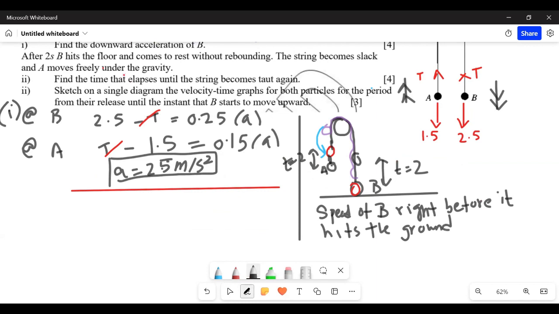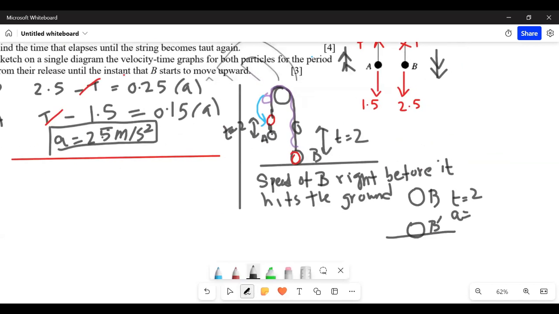Okay. So let's take a look at the motion. This was the original position of B. This is the new position of B. Between these, 2 seconds have passed, and we know its acceleration. The acceleration is 2.5, we found the acceleration in part 1. Besides that, it moved from rest, so the initial speed u of the upper B is 0. So at this point B has a speed of 0 and in 2 seconds it hits the ground, and the acceleration is 2.5.